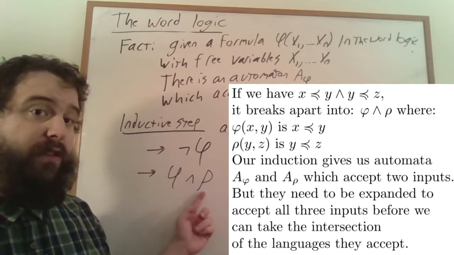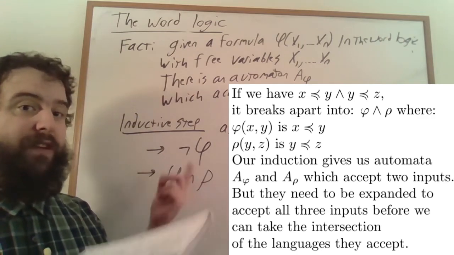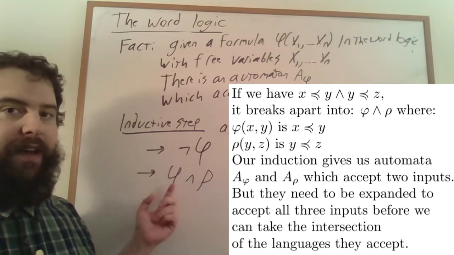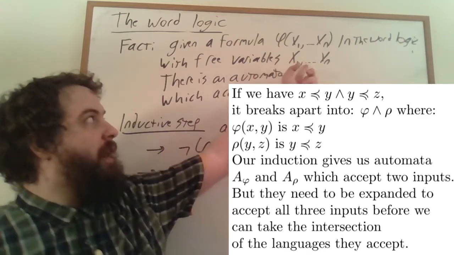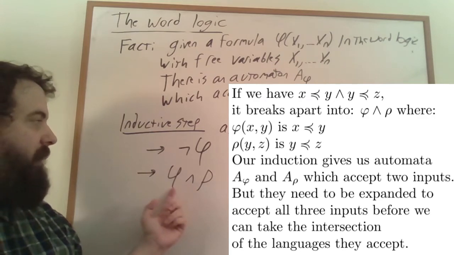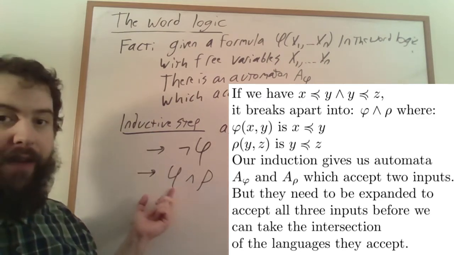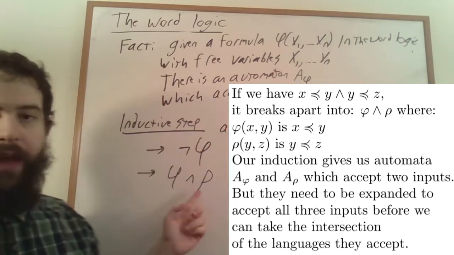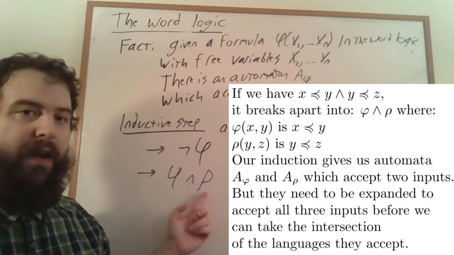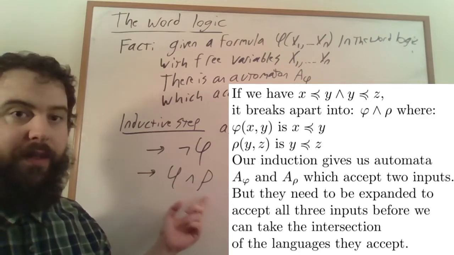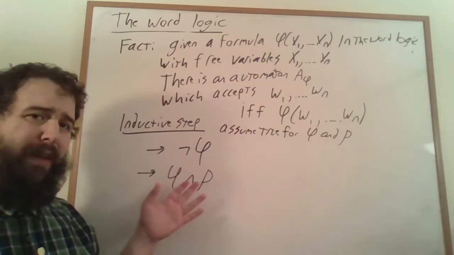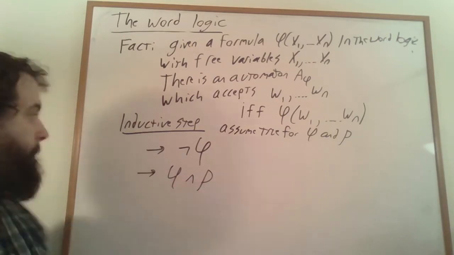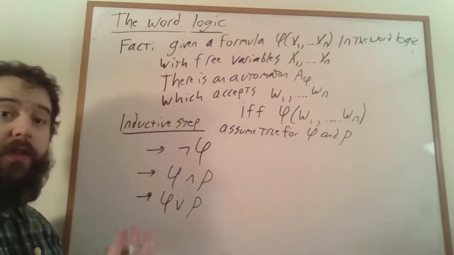What we'll need to do is use our closure under expansion to add on more spaces in case there are free variables that are missing from our automaton for phi because they're not free variables for phi, or if there are free variables that are missing in our automaton for rho because they're not in the formula rho. But we don't need to worry about that particular subtlety. This is essentially just closure under intersection. Phi or rho is closure under union.